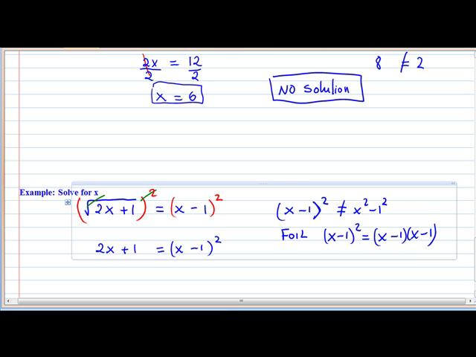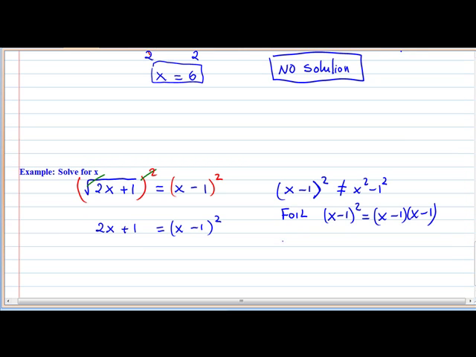Now if you remember the formula, (a minus b) squared equal to a squared minus 2ab plus b squared. Then you can just use this to simplify this problem, or you can just expand it like so.